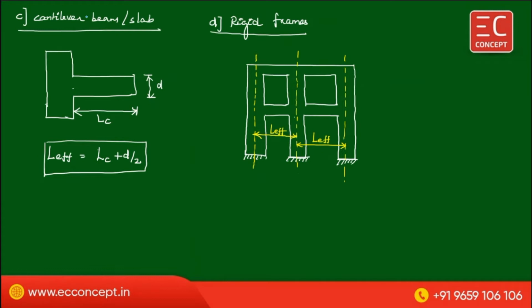Next one is the cantilever beam or slab. For a cantilever beam, this is the Lc and L effective is Lc plus d by 2. At the same time, for a rigid frame, the center to center distance between the supports is the L effective.